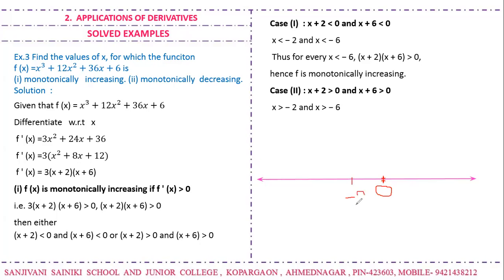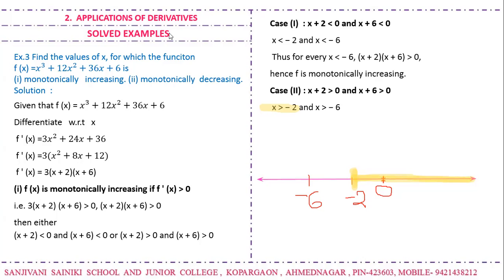Here there is minus 2. Here there is minus 6. Then what does the first inequality tell? x is greater than minus 2. So we want the values which are greater than minus 2.